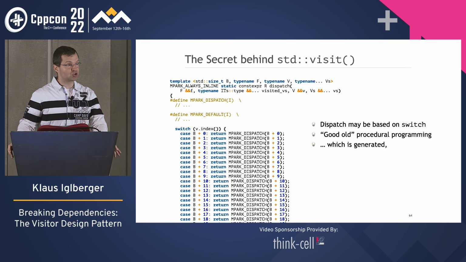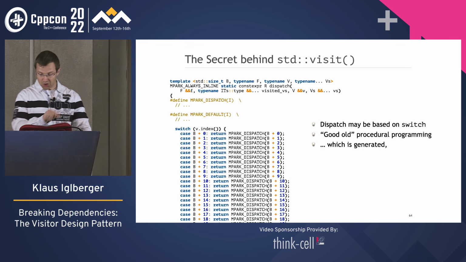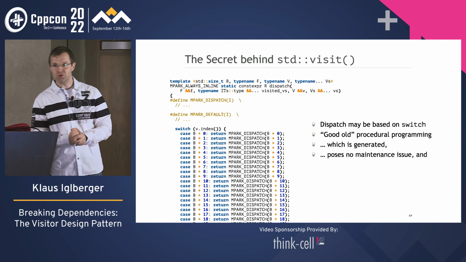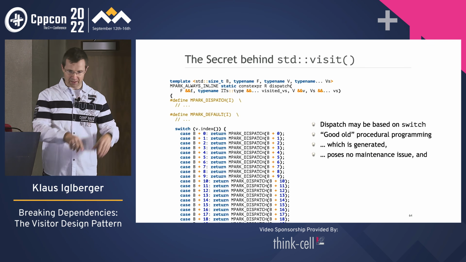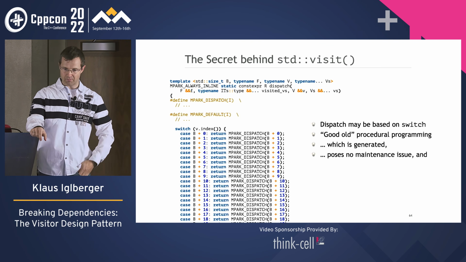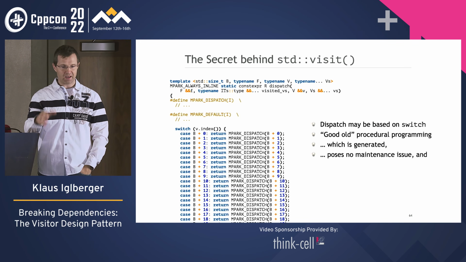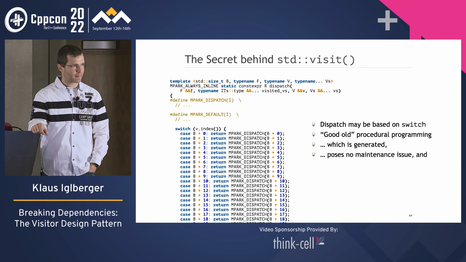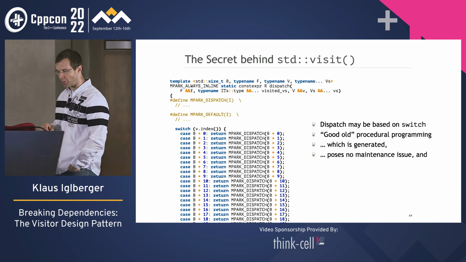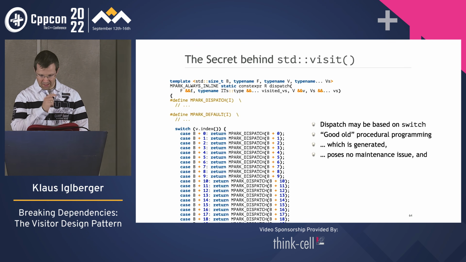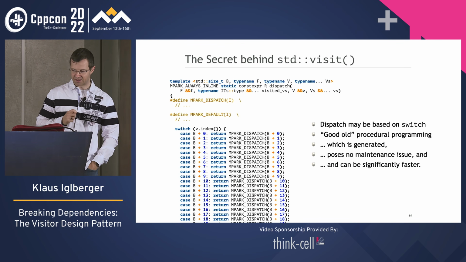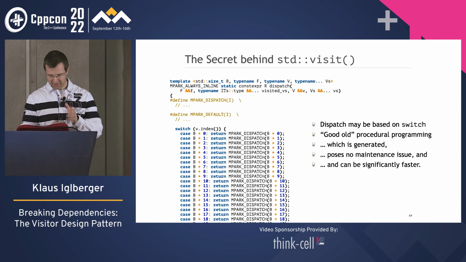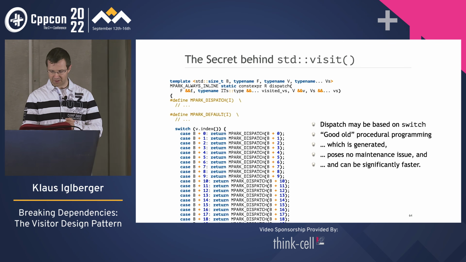And this is code that is generated. And so you don't have to maintain that. You don't have to go back and add another case and manipulating all of the code base. It's generated code. And therefore, this works so much better. And of course, this can be significantly faster, especially if the surroundings are also done quite reasonably.